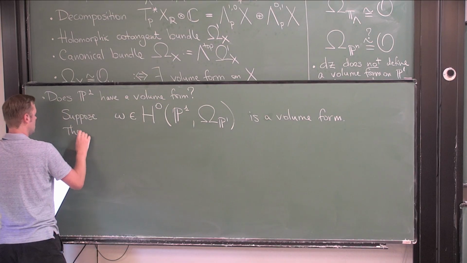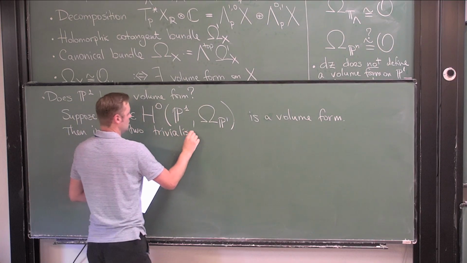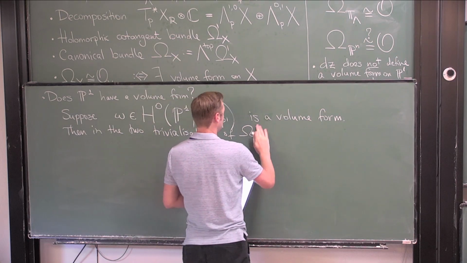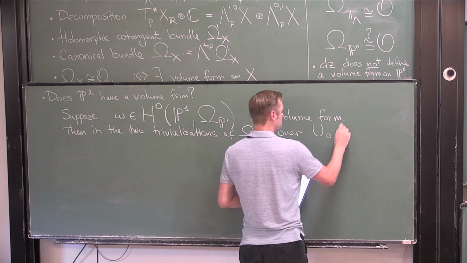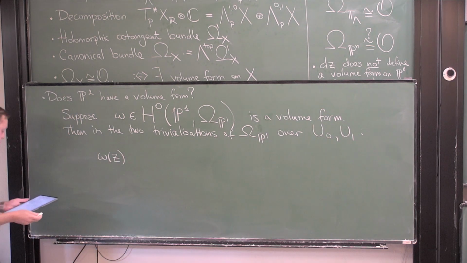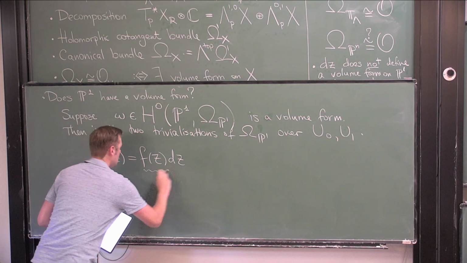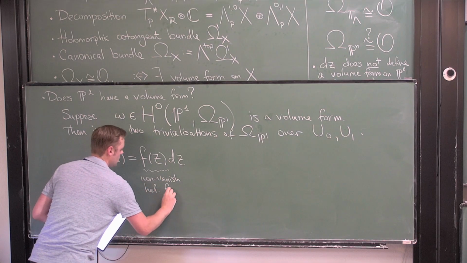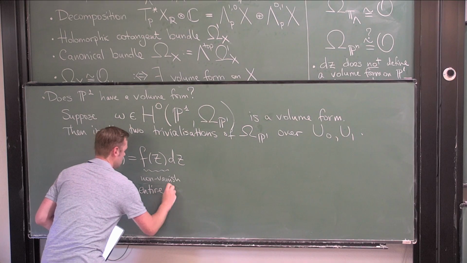So then, in the two trivializations, omega on P1 over the affine charts U0 and U1, in the z coordinate, it must be of this form for some non-vanishing holomorphic function, an entire function, of z.